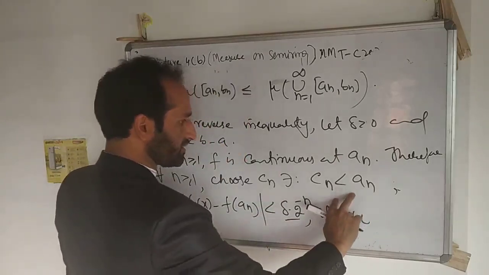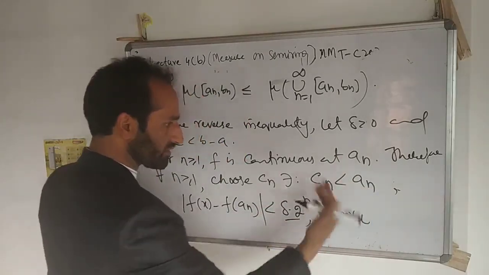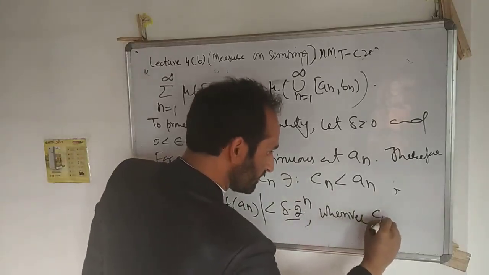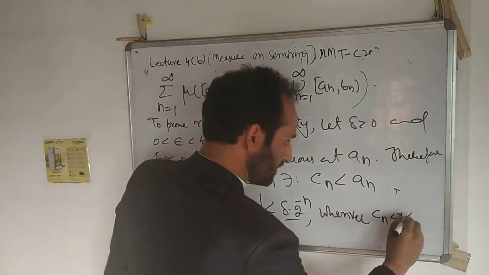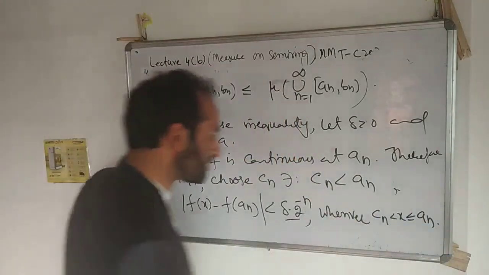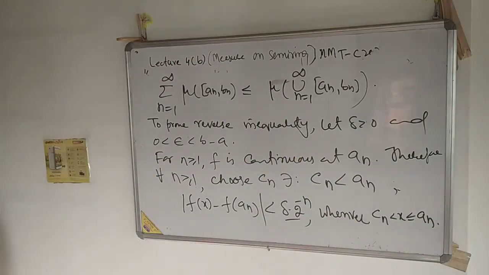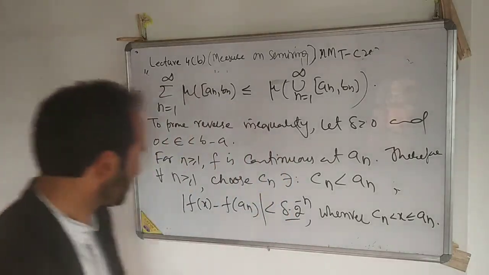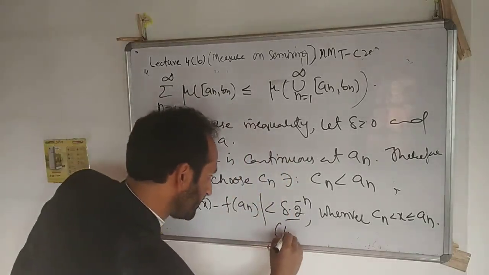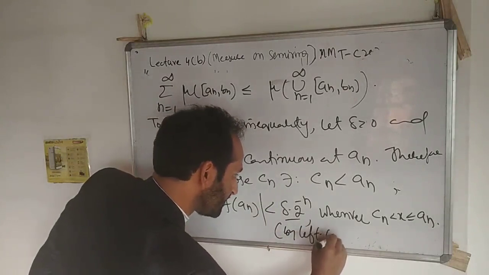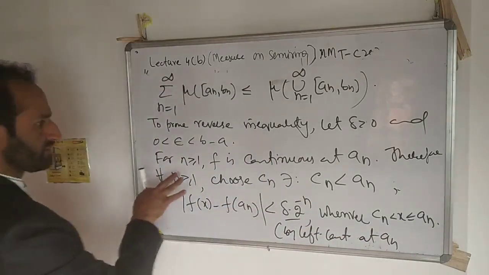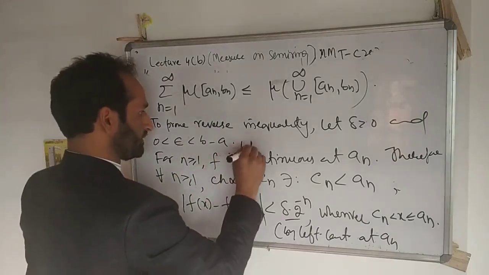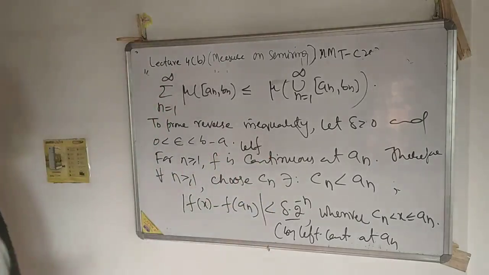Whenever the point x is very close to a_n, c_n is also close to a_n, with c_n less than x and less or equal to a_n. This is the left continuity. Here I should write f is left continuous, not continuous.